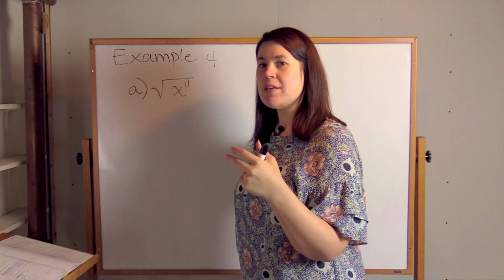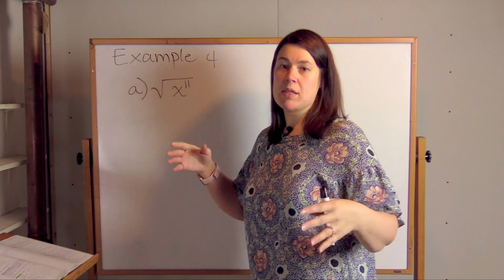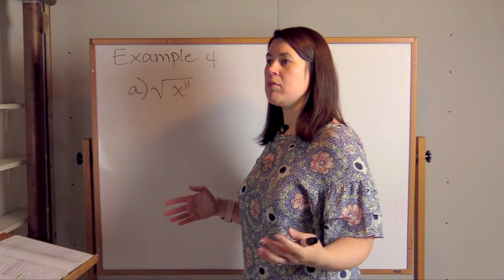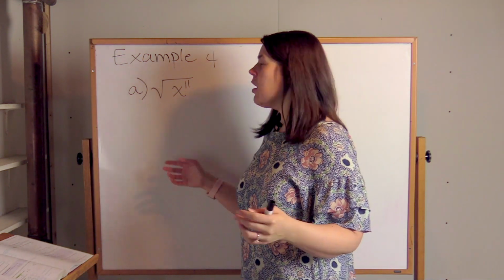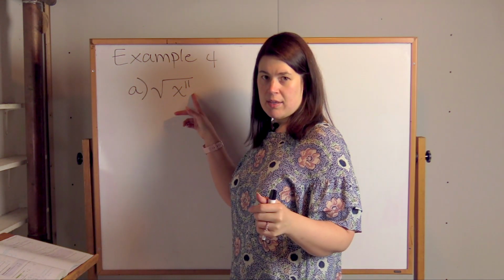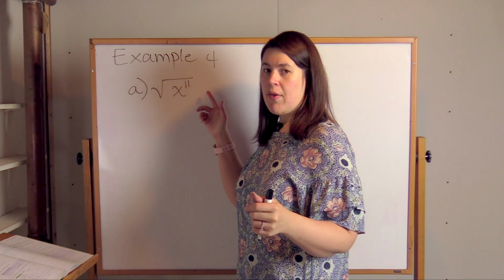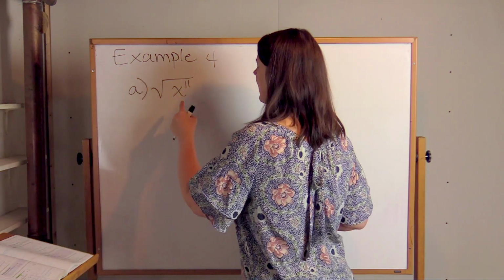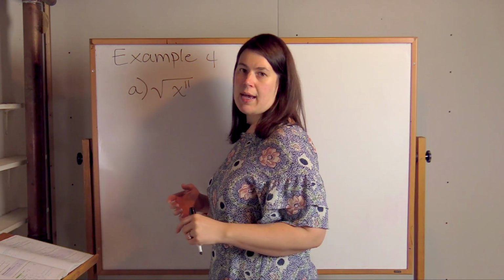If you remember with the coefficients, we were breaking them into factors, like 2 times 9 for 18. And I noticed, oh, 9 I can take the perfect square of. So what times what can I turn this into so that it's still the same value, but I can actually remove it? I need an even number as my exponent.